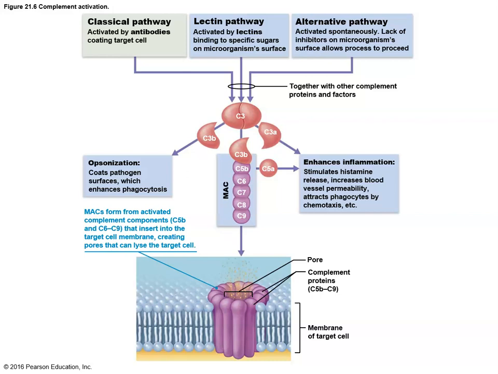One other possible functionality of the complement system is the formation of a MAC, a membrane attack complex. Basically, a number of these complement proteins will actually puncture the target cell's cell membrane, forming a hole.